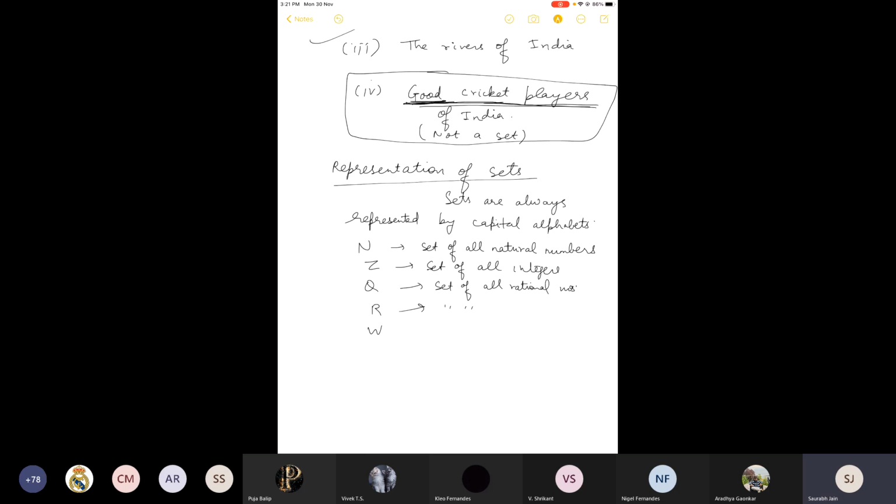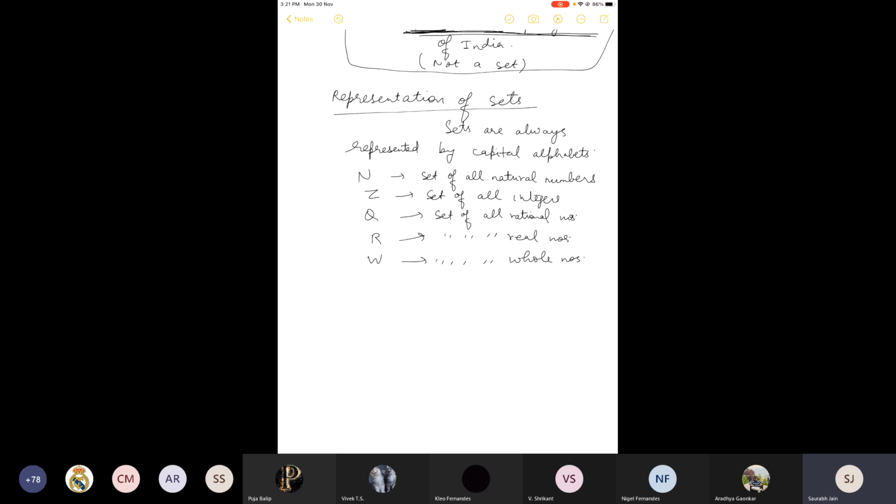R stands for the set of all real numbers. W stands for the set of all whole numbers. Mainly you have to deal with numbers. Then sometimes mathematicians use T or Q with a dash on it to represent the set of all irrational numbers.